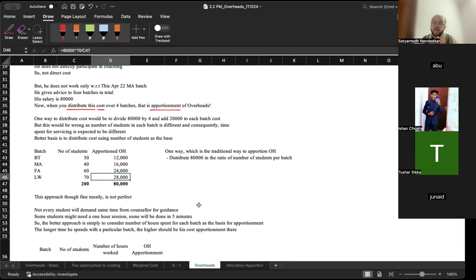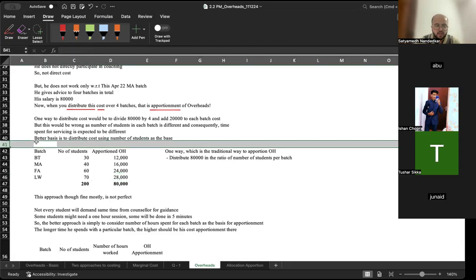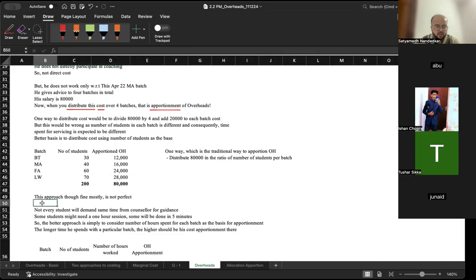Apportionment is distribution of the total cost over the total base. It could be 4 batches, 5 batches, 10 batches. And the better the base you use, the better is the cost apportionment. Apportionment is simply division and distribution. I'll write it down here.